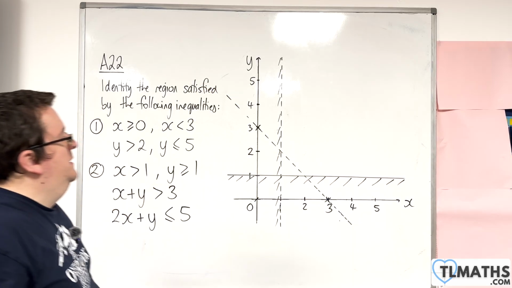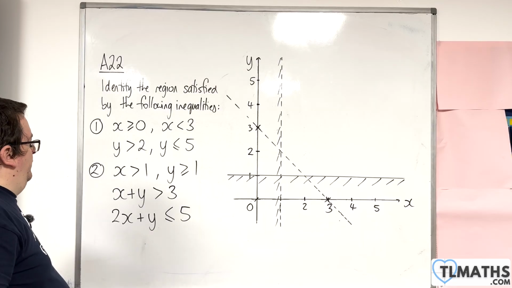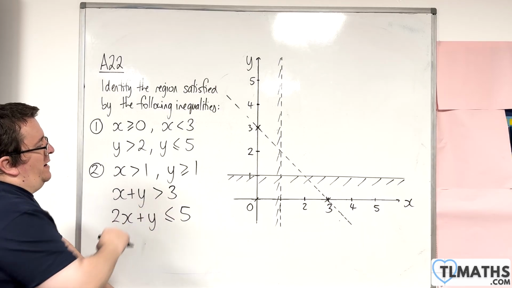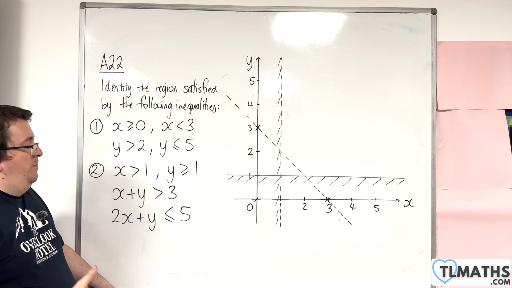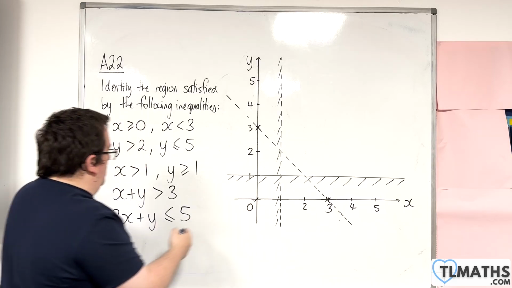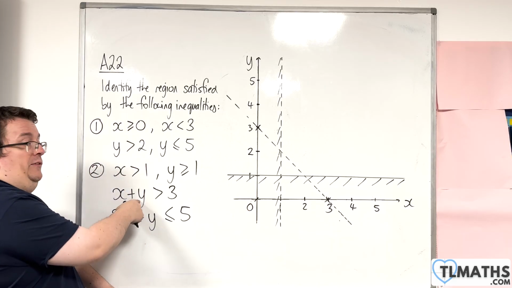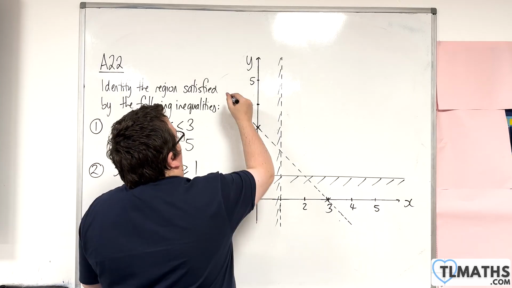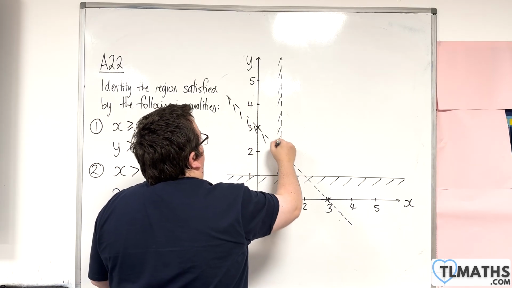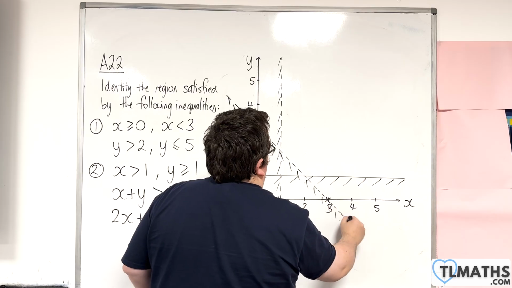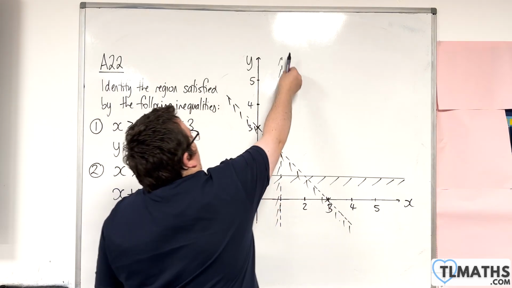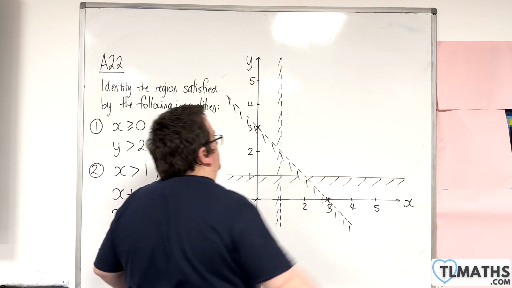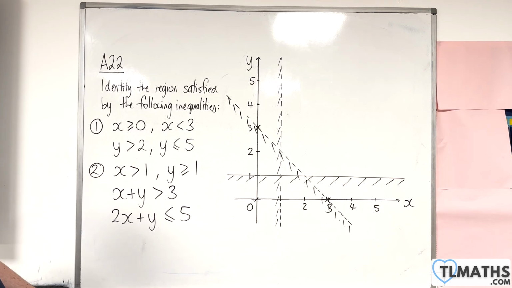Like so. Now, what region do we want? We want it to be greater than 3. So substitute a point in that's not on the line, like 0. So 0 plus 0 is 0. Is that greater than 3? No. So we don't want this region here. So we've so far got this bit here as our feasible region.